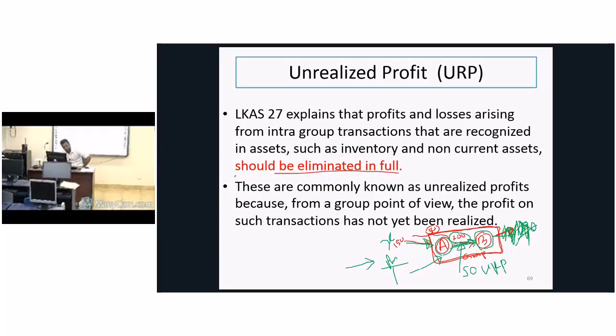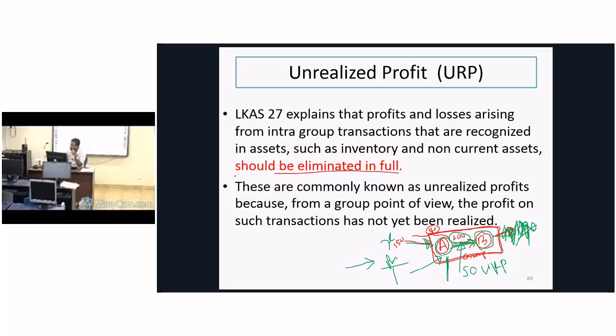Therefore, unrealized profit should be eliminated in A's retained earnings. So consolidated retained earnings, in this example parent's retained earnings, debit. Parent's retained earnings means A's retained earnings debit, and we have to credit. Who has overstated inventory?